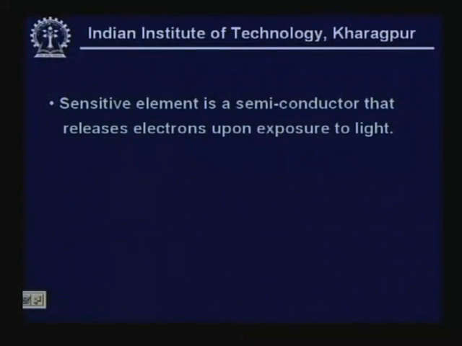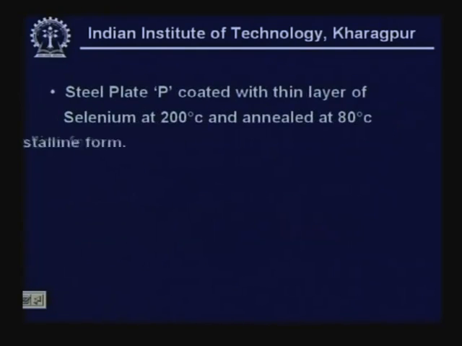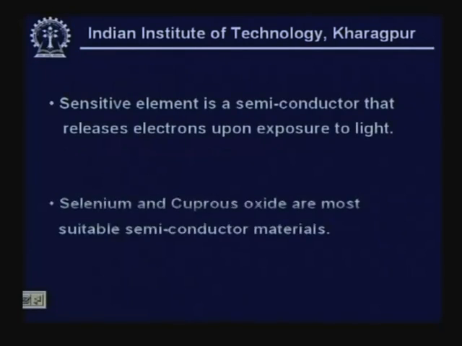So, the first thing is there is a sensitive element which is a semiconductor which gives rise to electrons or goes into conduction mode on exposure to light. The two materials that have been found suitable for this particular application have been selenium and cuprous oxide. These are the semiconductor materials. Look at the diagram once again.